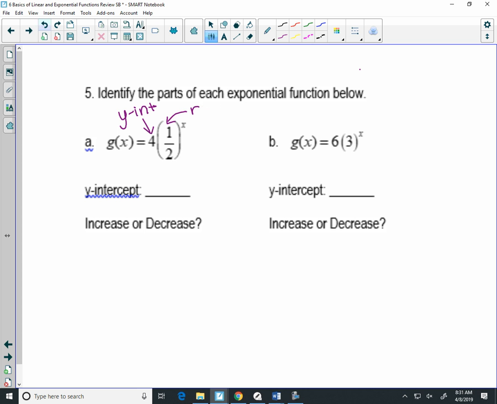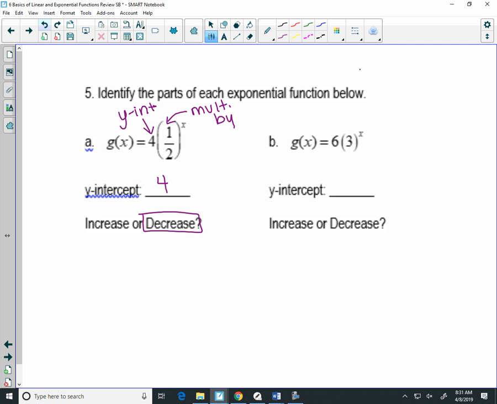I actually don't like using rate because that's when they get sloped. So that's what you're multiplying by. And again, y-intercept, you can still think of starting amount. So for this one, our y-intercept is 4. And since we're multiplying by 1/2, since 1/2 is less than 1, this is a decrease.